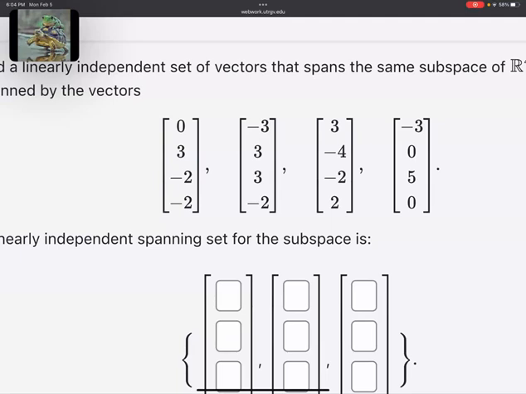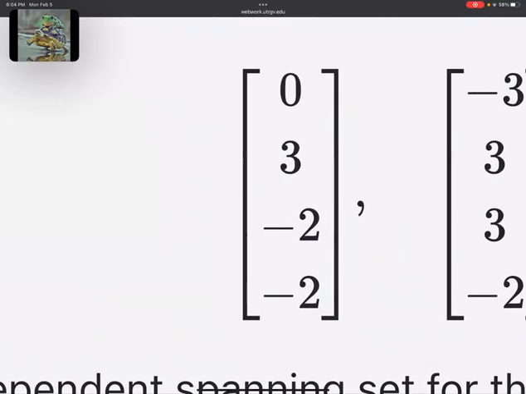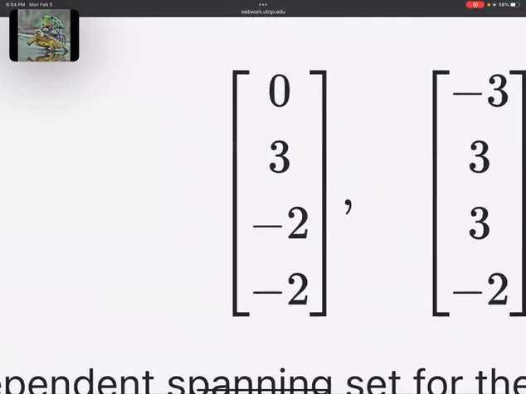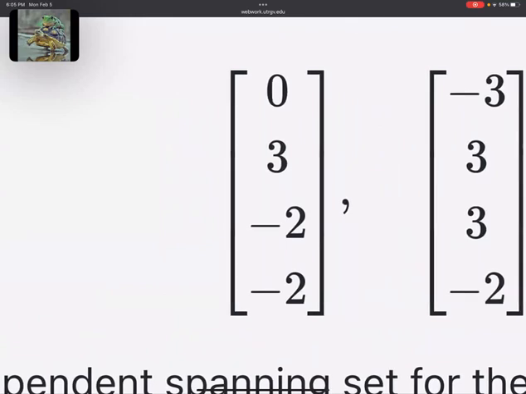U4 and U3. Well, I mean, probably we all have different eyes. For example, I will choose the first one, because that one has 0 on the first spot, so it has 0 on the x-axis.